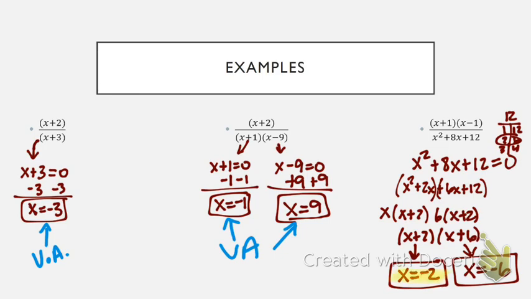So this says negative 2, if you can't see over the Doceri desktop trial. This that I'm highlighting says x equals negative 6. So I have two vertical asymptotes again. I have one at negative 2, and I have one at negative 6. That's vertical asymptote. Any x value that makes me divide by 0 can't happen.